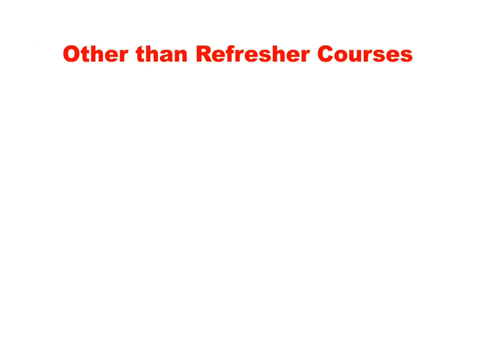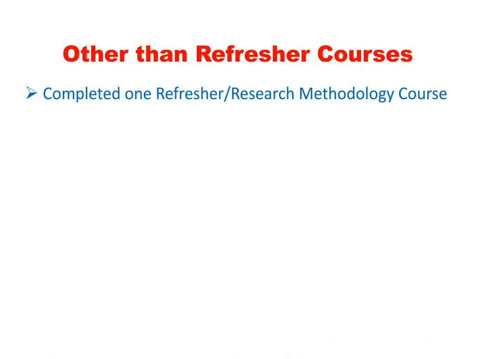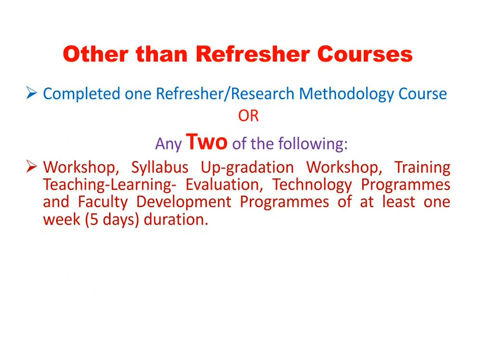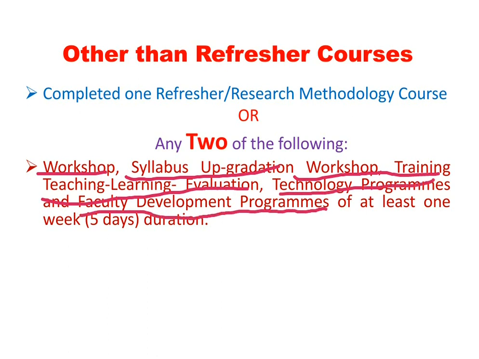If you have completed one OC other than the refresher course, you need to fulfill any two of the following: workshop on syllabus upgradation, workshop training, teaching learning evaluation, technological programs, or faculty development programs of at least 1 week or 5 days duration.